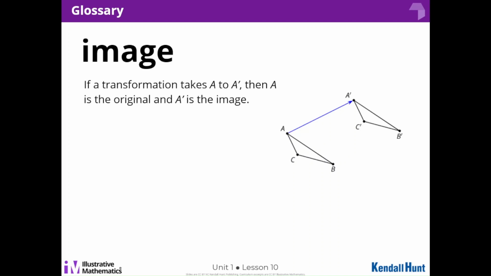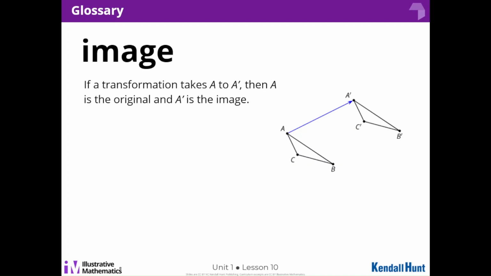If you follow that blue arrow, it's saying we simply translated that lower left triangle up and to the right, and it's now located where that triangle is in the upper right, but we didn't change anything as far as size goes. So they're still congruent. That means A becomes A prime, B becomes B prime, and C becomes C prime.